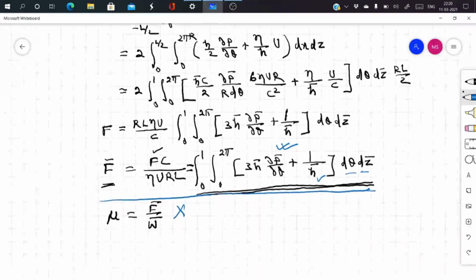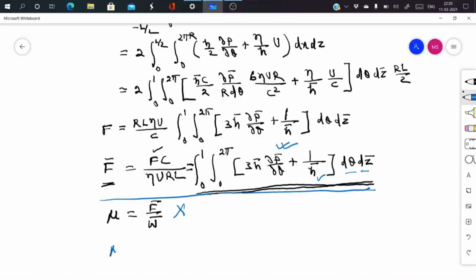It is not F bar by W bar; mu equals F by W. That is your definition of friction. So substitute the value of F: F bar eta u r L by C, from this expression.